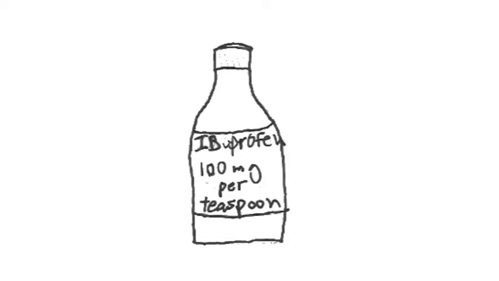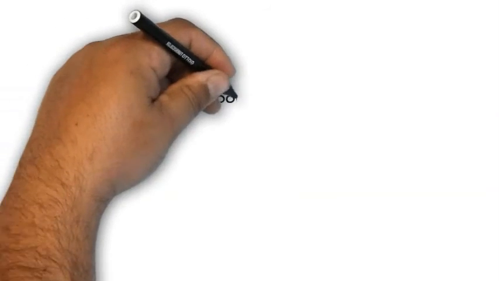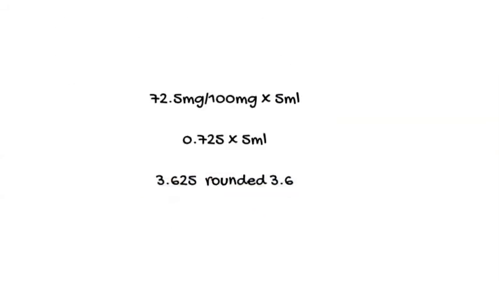So desired dose, 72.5, over dose on hand, which is 100, times the volume, which is 5. So 72.5 divided by 100 equals 0.725 times 5, which is the volume, right? So times 5 is 3.625.